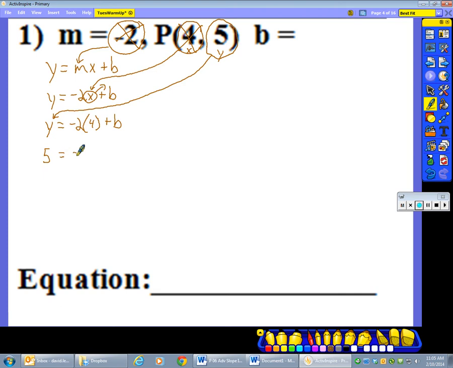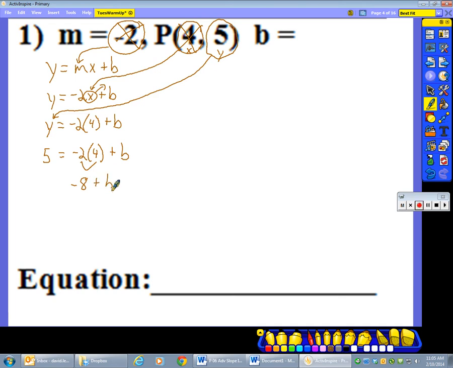So now my equation looks like this: 5 equals -2 times 4 plus b. And now what we have here is an equation most 7th graders would be able to solve, because we're going to solve for b. We're going to find out what my y-intercept is based on the information that they gave me. So -2 times 4, you got to think back to 7th grade on how you multiply with a negative, but it becomes -8.